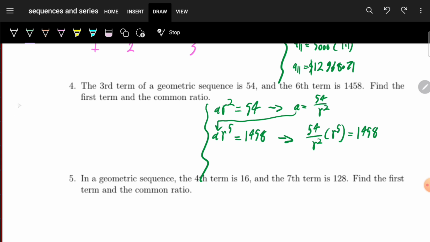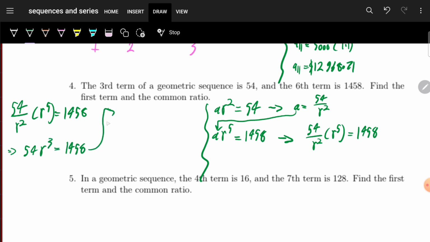So we have 54 over r squared times r to the 5 is equal to 1458. We can cancel 2 of the r's on top with 2 of the r's on the bottom. So that's going to give us 54 r cubed is equal to 1458.